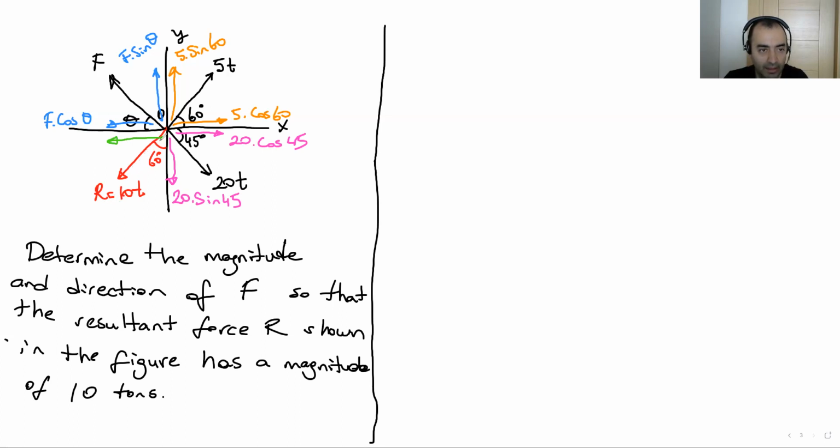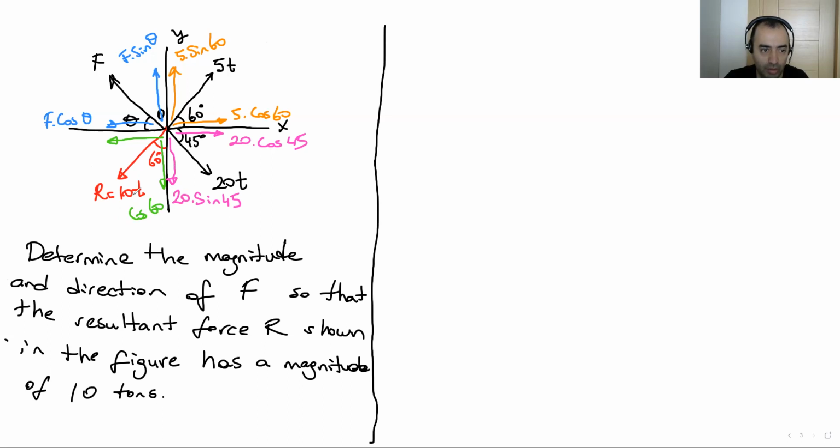Given angle is here. So the cosine side is this, the vertical one, and the sine is this. So if we write these magnitudes, R times cosine 60, or let me change this R, let's write here 10.